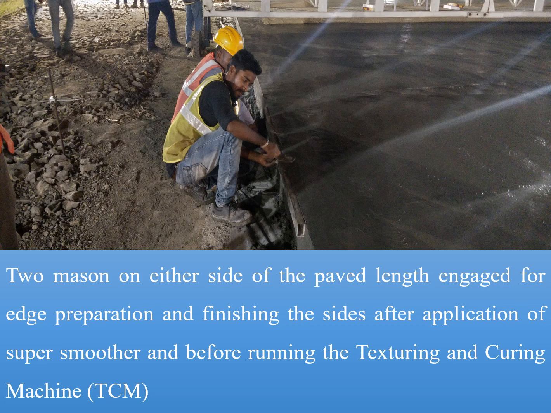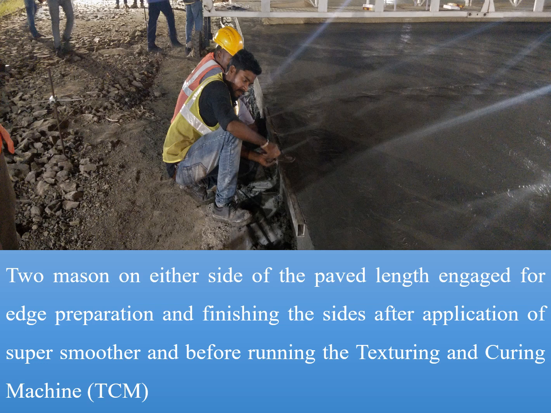Thereafter, 2 masons on either side of the paved length were generally engaged for edge preparations and finishing the sides after application of the super smoother and before running the texturing and curing machine, which is normally called the TCM.